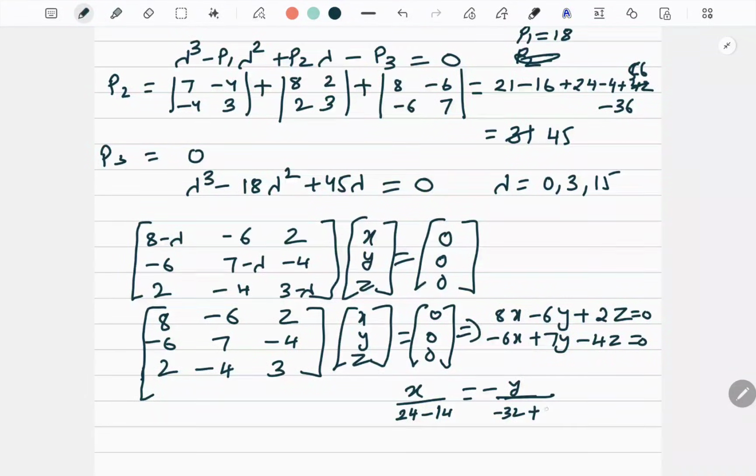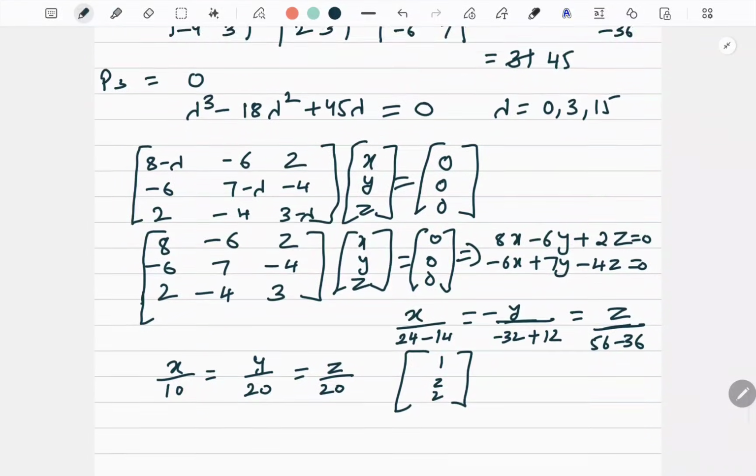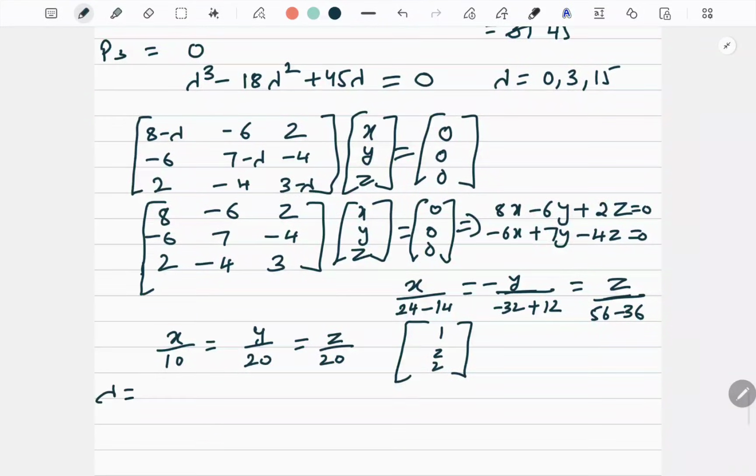Then minus become plus 12 is equal to z upon 56 minus 36. Okay, so this become x upon 10 is equal to y upon 20 is equal to z upon 20. So clearly my eigenvector is 1, 2, 2. Right? Now second one.